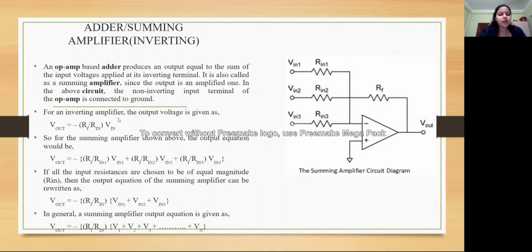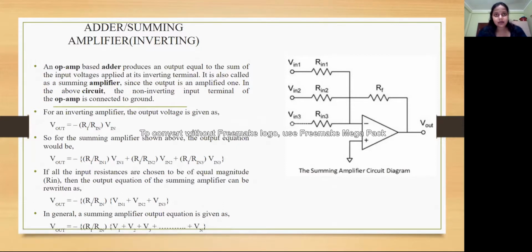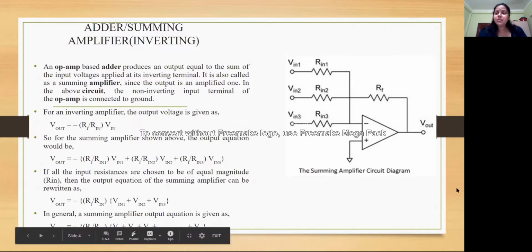For an inverting amplifier, we all know the output voltage is minus RF by R1, or RF by Rin, into the input voltage, where Rin is the input resistance. Here we have 3 input voltages and 3 input resistances.